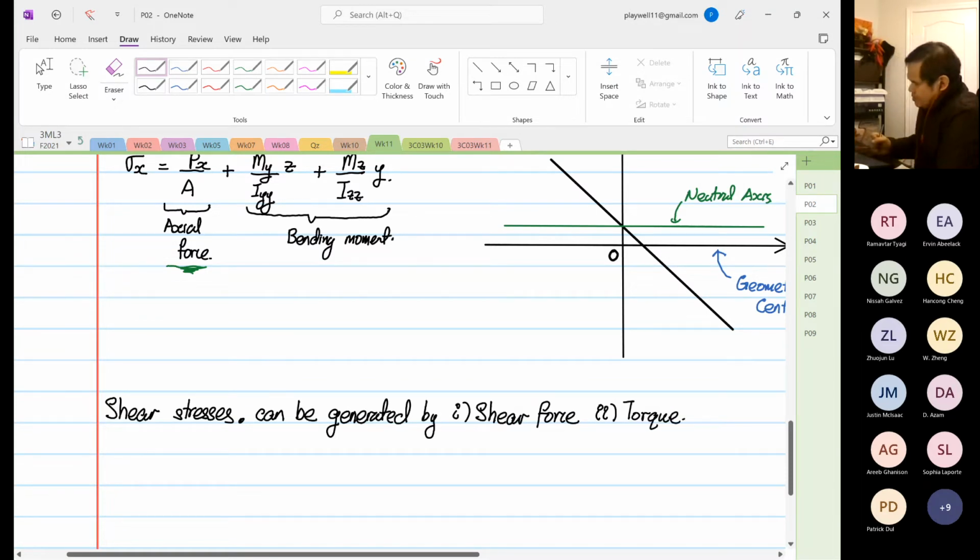Okay, so don't worry about the torque. I will highlight how straightforward it is.